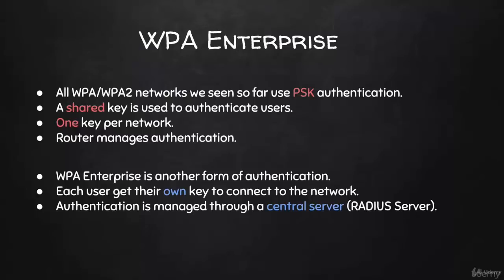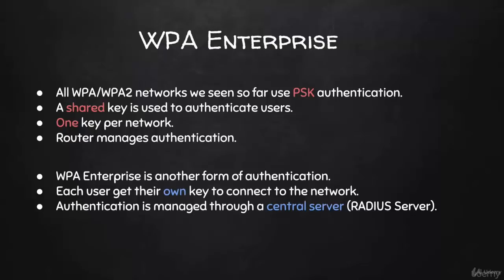Now, because of this idea and this implementation, the router cannot handle this, and we usually use a central server for authentication. Now, the central server is very handy because we can add users and prevent users from connecting to the network without having to change the password for the whole network.